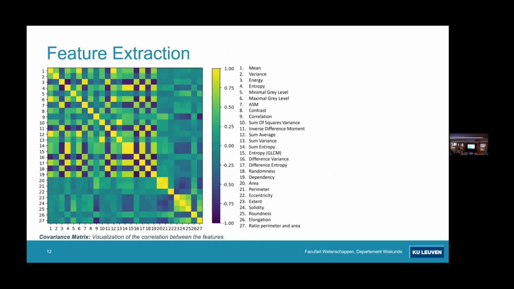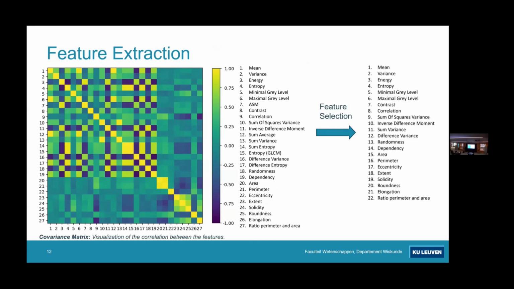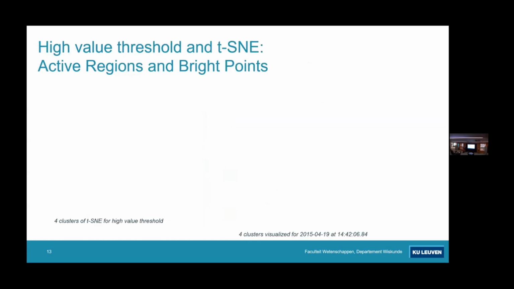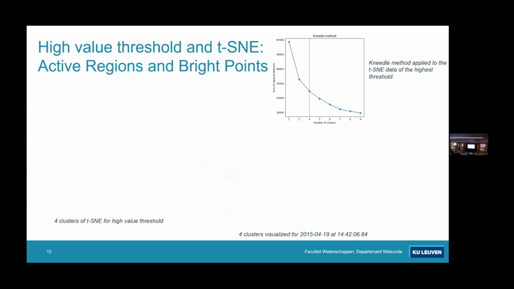Then we can extract a set of features that have been selected based on some literature review. By plotting the correlation matrix, we can do some feature selection and have a smaller list of features. Then we can do some clustering. First of all, we can differentiate with a high value threshold using t-SNE, which is a nice algorithm for clustering.